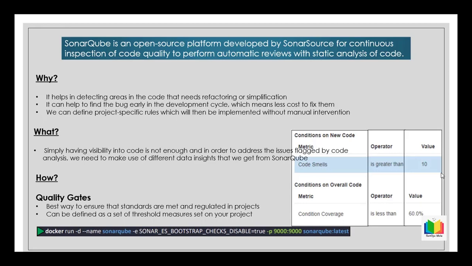Like if you're using an older version of any dependency or plugin, it will find that for you. SonarQube will also find vulnerabilities for you, guys. SonarQube goes one step ahead and also gives you vulnerability reports. We can define project specific rules which will then be implemented without manual effort. If you want, you can have project specific rules.